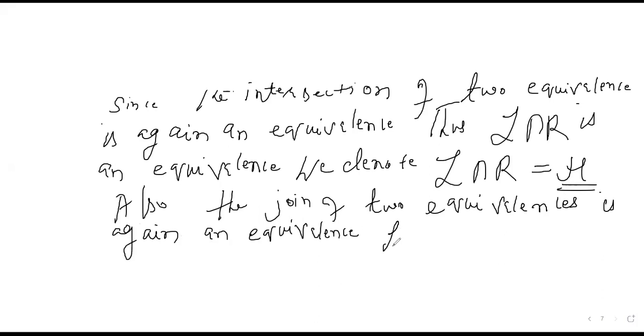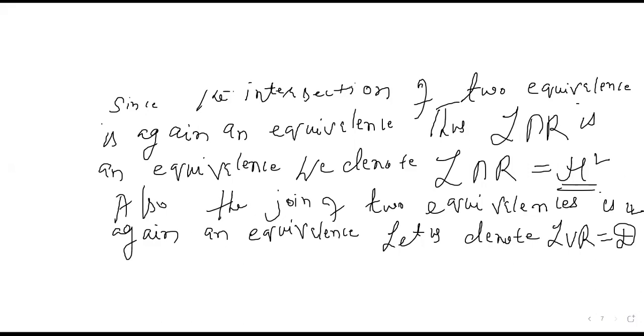So let us denote this L join R by D. So this H and D, they are also equivalences on S. Now we know that the join of equivalences is not easy to describe.